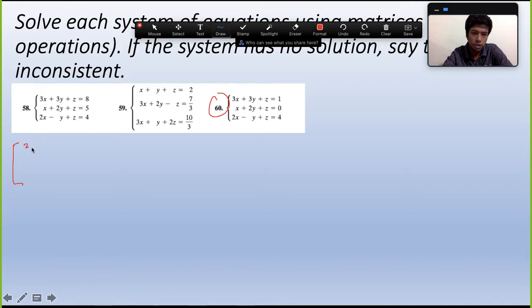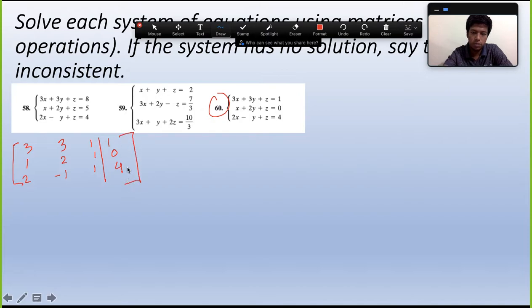We write it in augmented form: 3, 3, 1, 1; then 1, 2, 1, 0; then 2, minus 1, 1, and 4 here.